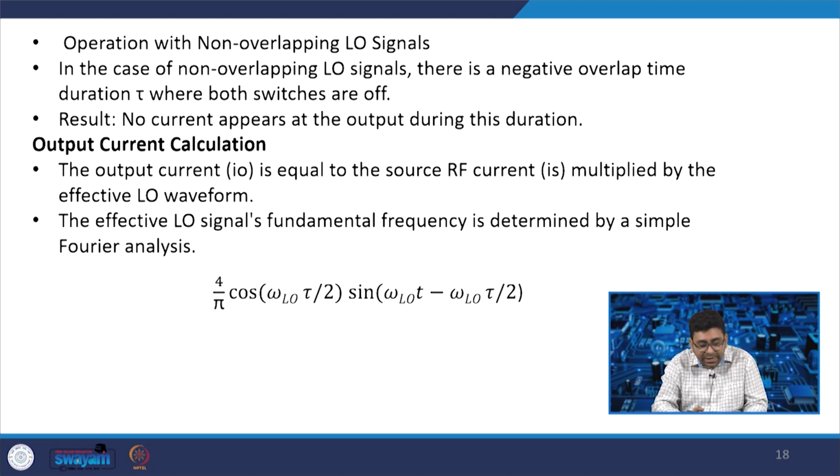So your effective conversion gain will reduce. We will try to analyze. Consider operation with a non-overlapping LO signal. In the case of a non-overlapping LO signal, there is a negative overlap time duration tau, where both switches are off. As a result, no current appears at the output during this duration.